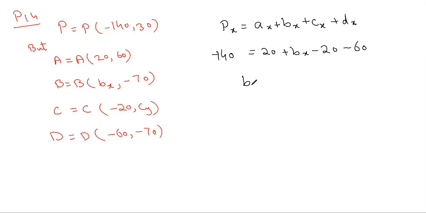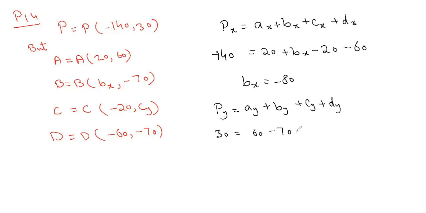By solving this, we get bx equals minus 80. In the same fashion, we can find ay plus by plus cy plus dy. So py is 30, and ay is 60, minus 70, plus cy, minus 70. So cy will be 110. So these are the two unknown points.